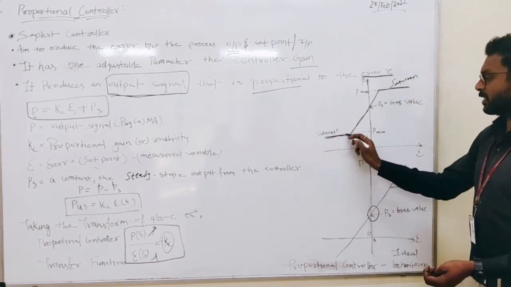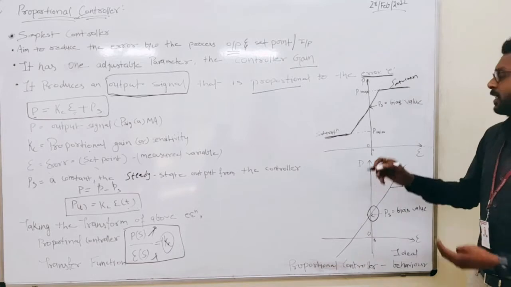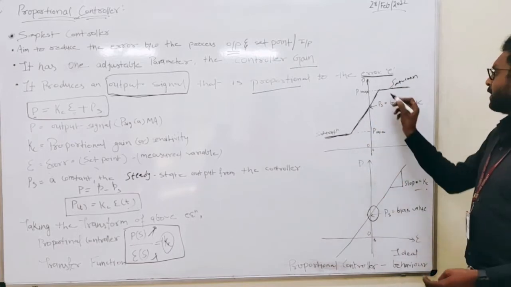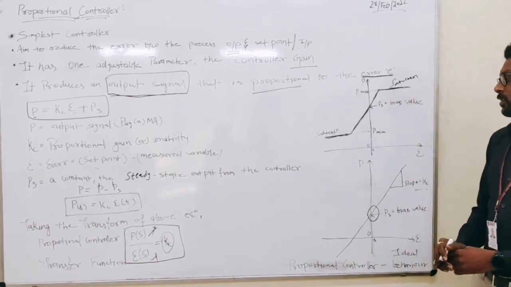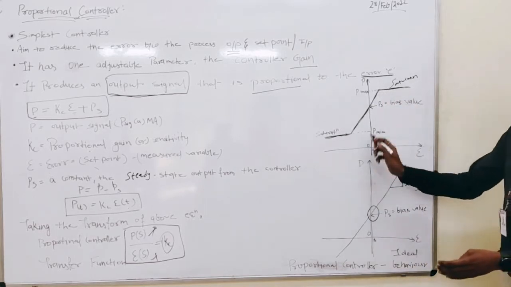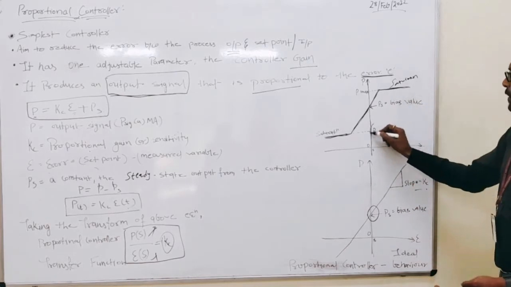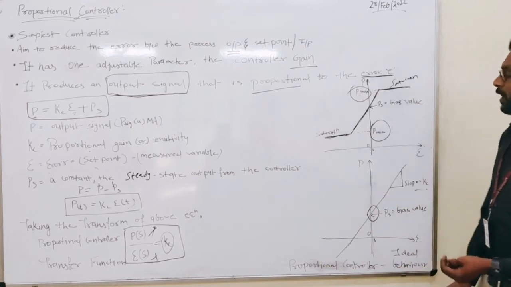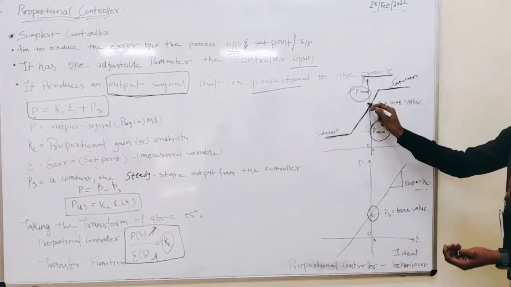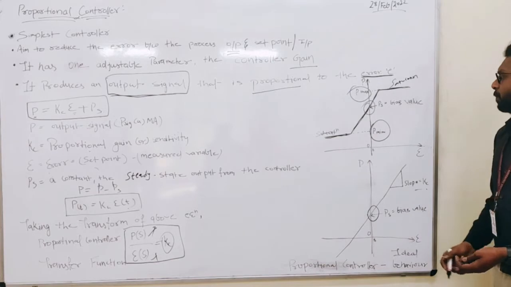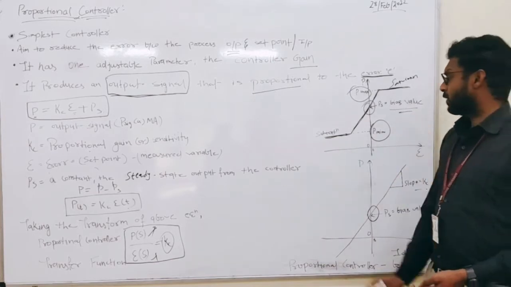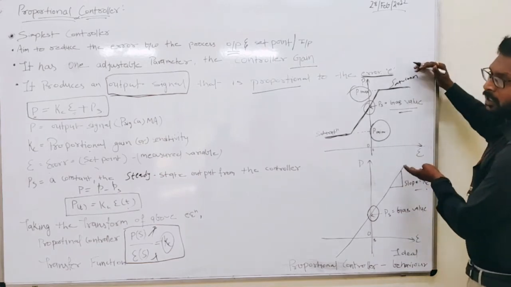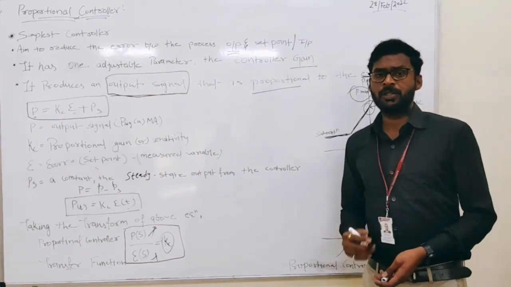So initially it is at a saturation point, due to the change in the input at the set point you get an increase in the output, and after that it will be in the steady state. In real operation it will have a P minimum value as well as a P maximum value, and again you will get a bias value. This is for the ideal case and this is for the real case. I hope you understood.